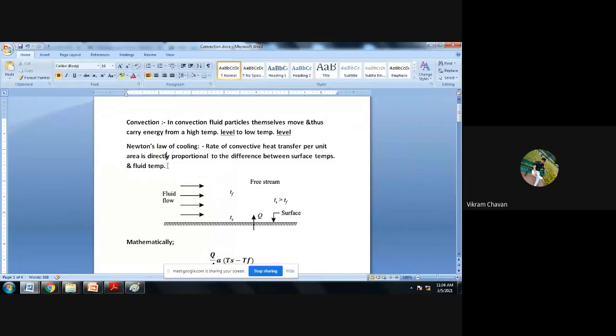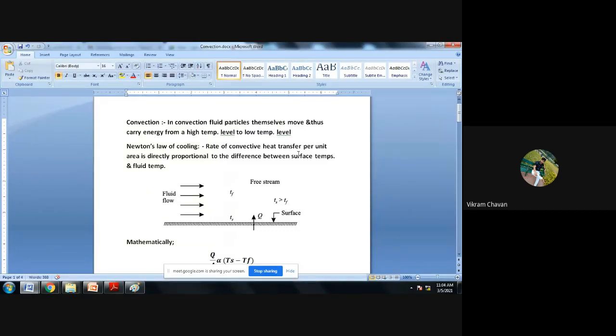This law states that the rate of convective heat transfer per unit area is directly proportional to the difference between surface temperature and fluid temperature.